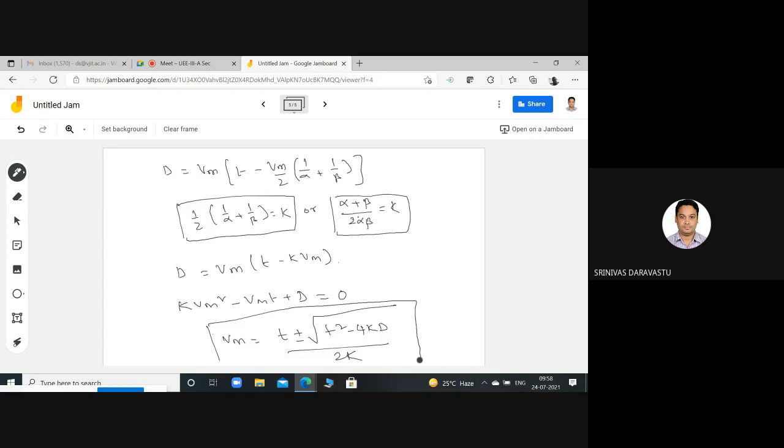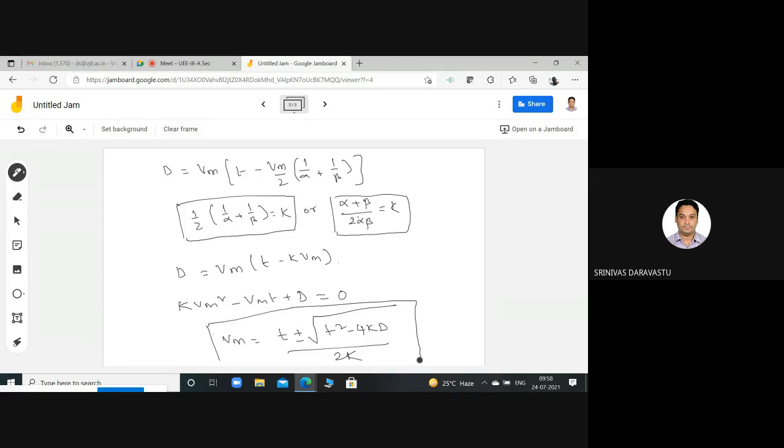Now this is the maximum speed equation: Vm equals T plus or minus under root of T square minus 4kd by 2k. The positive sign will not be used, as it will give much higher values of maximum speed, which will not be met in practice.